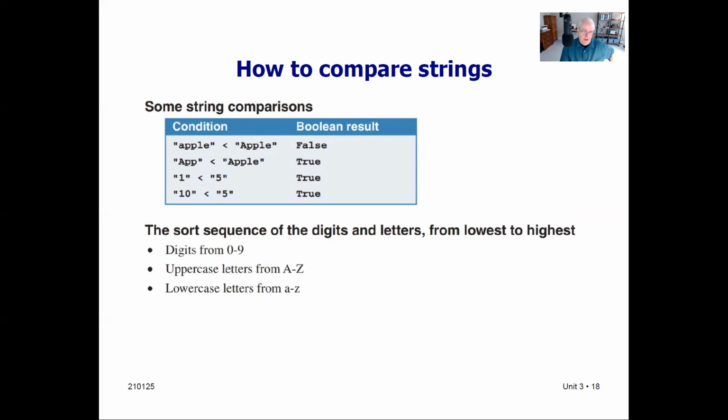So here's some basic string comparisons. Remember I said you could use the less than or more than, greater than operators to compare strings. So lowercase a apple is less than uppercase A apple. And notice it evaluates to false, because when we're using these relational operators, it's always going to evaluate true or false.